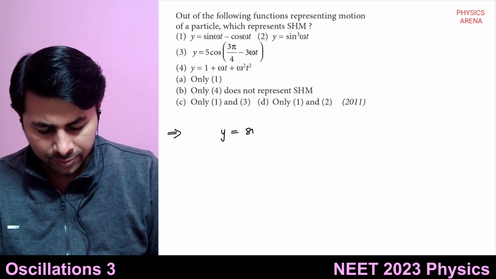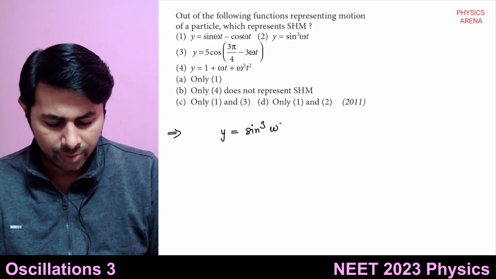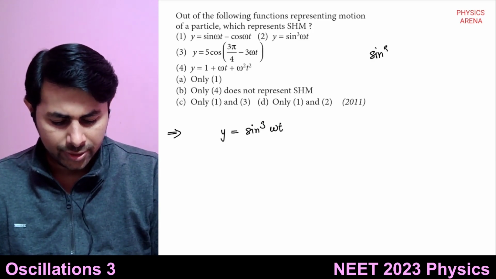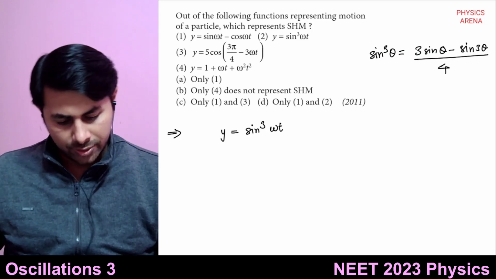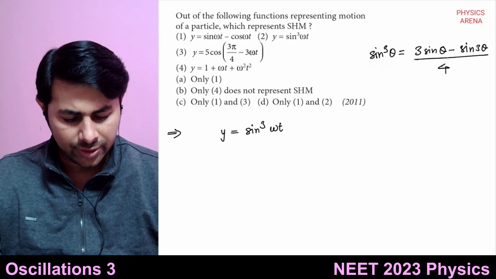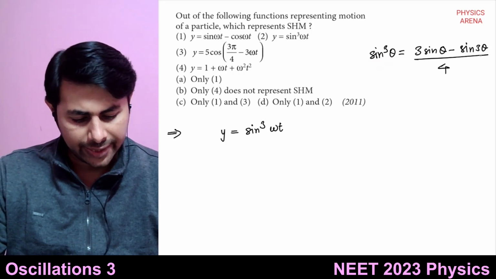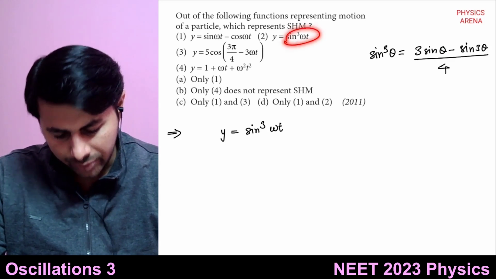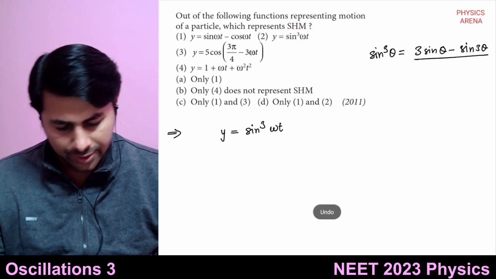Y is equal to sine cube of omega t. Now we have this formula, sine cube of theta equals 3 sine theta minus sine 3 theta upon 4. Here theta equals omega t.